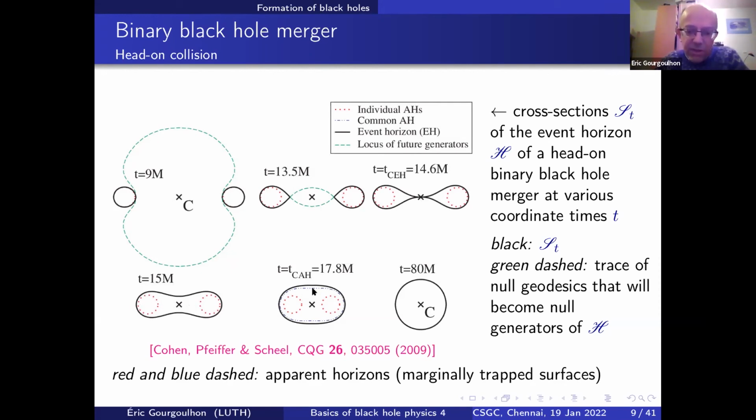Here there appears a marginally trapped surface common to both black holes in some sense. So this ends the fusion. And after a long time, we have a relaxation towards a Schwarzschild black hole, because there is no angular momentum in the system. This is a head-on collision. So at the end, we have a Schwarzschild black hole here. For further details, please look at this publication by Cohen, Pfeiffer, and Scheel.